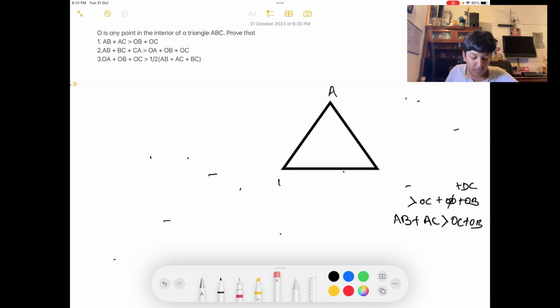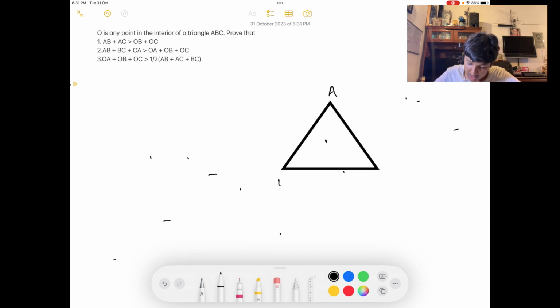Now we have to prove that OA plus OB plus OC is greater than half of AB plus AC plus BC. This is actually simpler than we think. We are just going to draw whatever we had drawn before, and we don't need the point D, right? We only need this that I have drawn. Now let's label it all up.